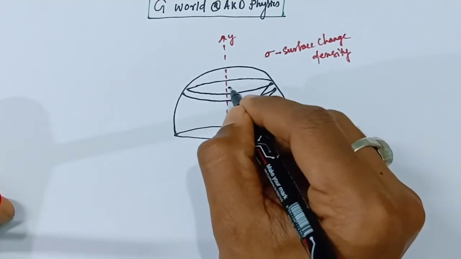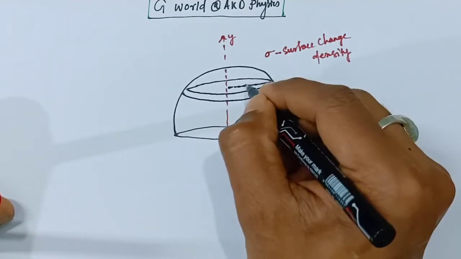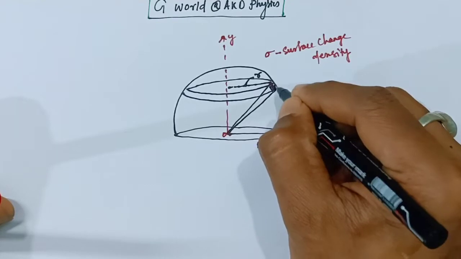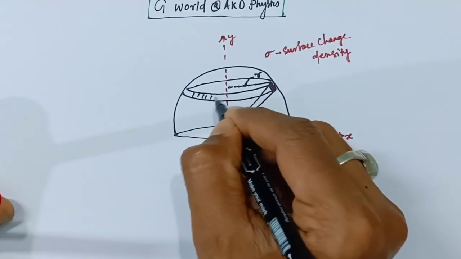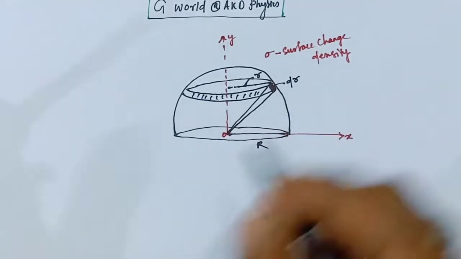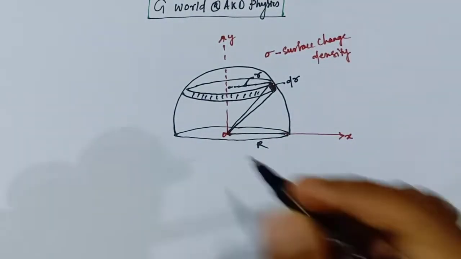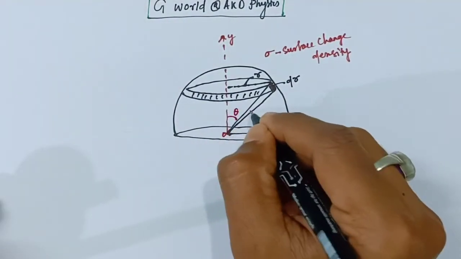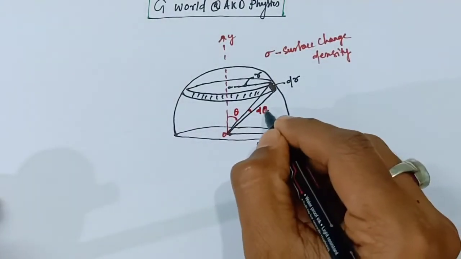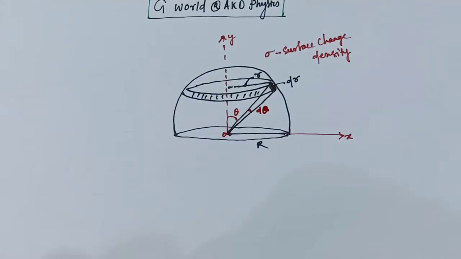What is the radius of this elementary ring? I said the radius is small r, and the thickness part is dr. I consider this angle is theta and this angle is d theta. This is theta and this is d theta. I hope the scenario is pretty clear to all.